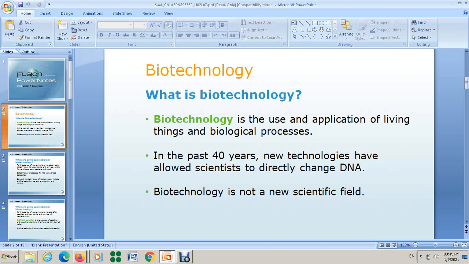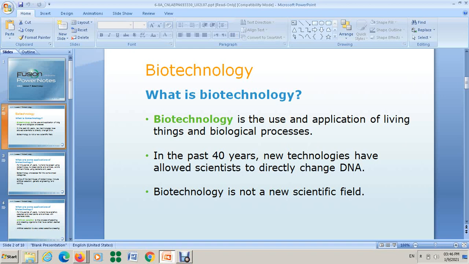For example, botanists breed flowers, for example bright red blooms. Geneticists work to place a human gene into the DNA of bacteria, for example. So all of these are applications of living things and biological processes.